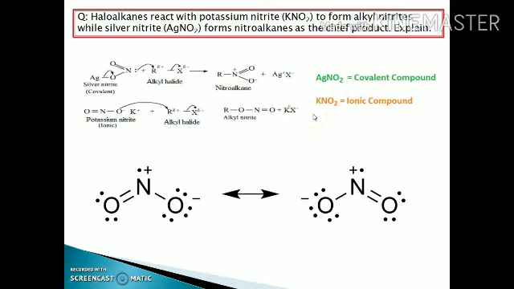With potassium nitrite, the attack can be done by the oxygen, and it will give the alkyl nitrite as a major product. But in case of silver nitrite, the attack can be done by the nitrogen, and it will form the nitroalkane as a major product. Here the main difference is the ionic and the covalent nature of the two attacking reagents.